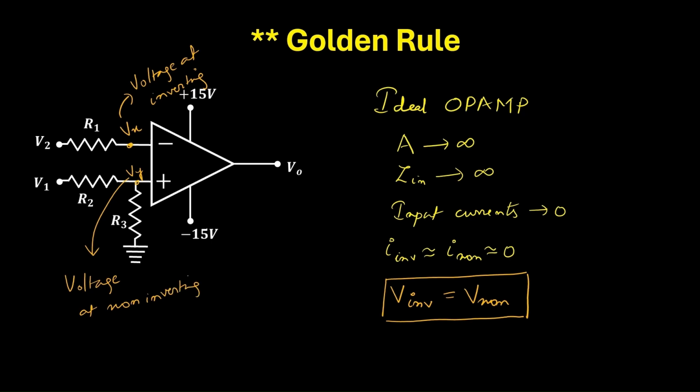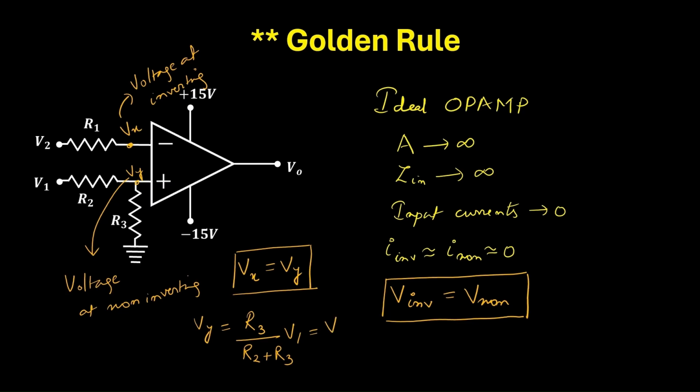Now using this concept, we can directly write Vx is equal to Vy. Vy we can calculate easily by using the voltage division rule. So it will be equal to R3 divided by R2 plus R3 into V1, and this will be equal to Vx.